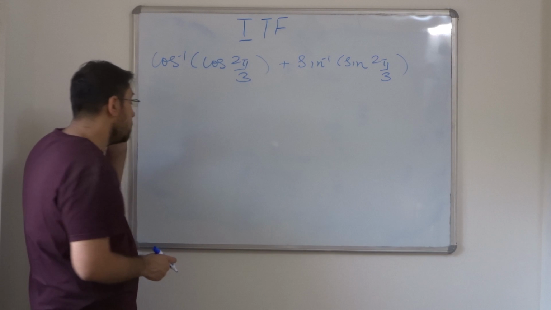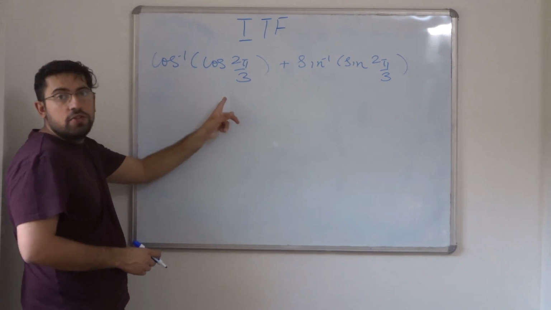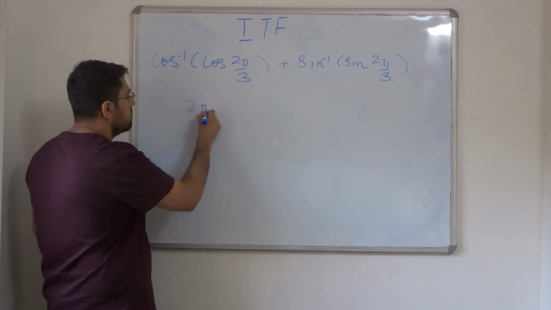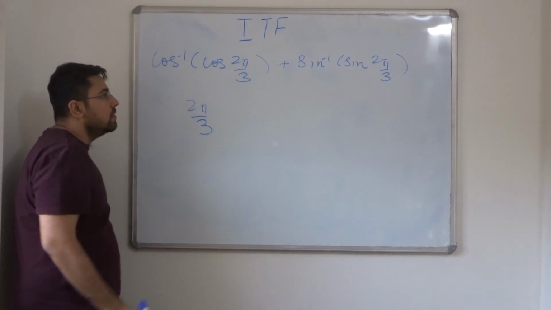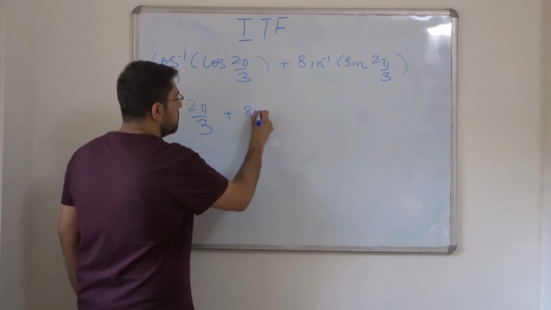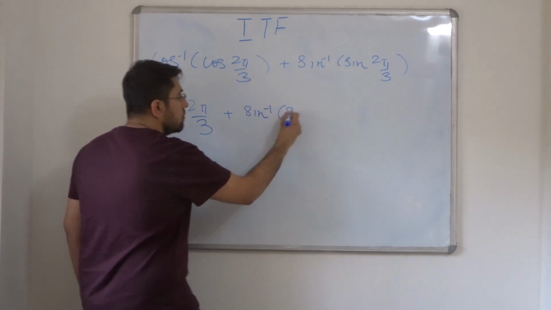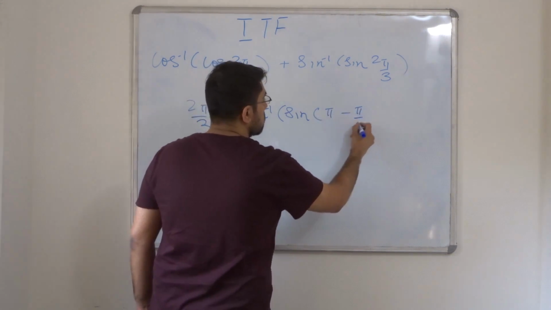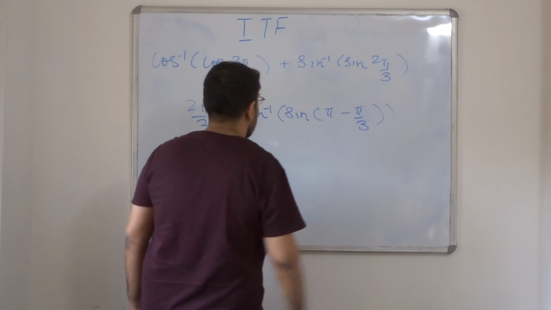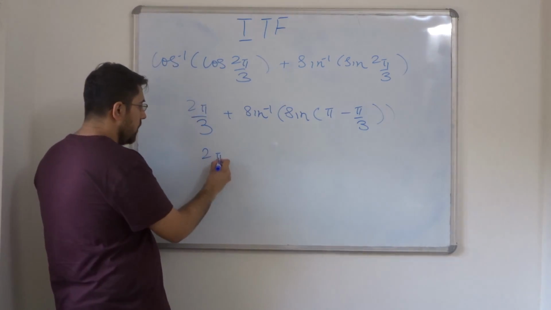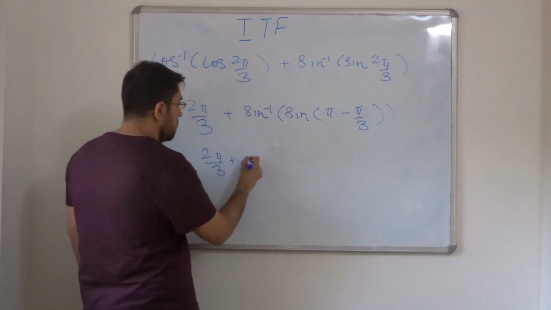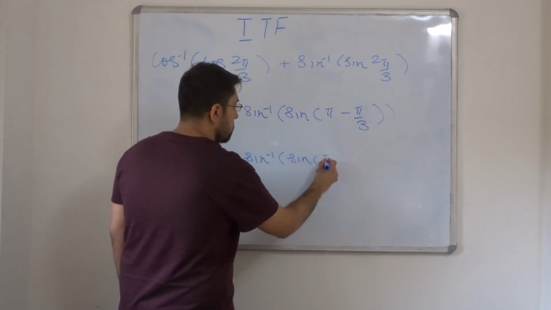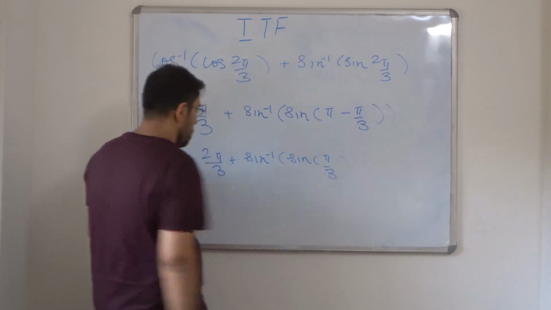Okay. So as you know, according to the principal branch value, this stays as this. And this here becomes this. And then this becomes 2 pi by 3 plus sine pi by 3.